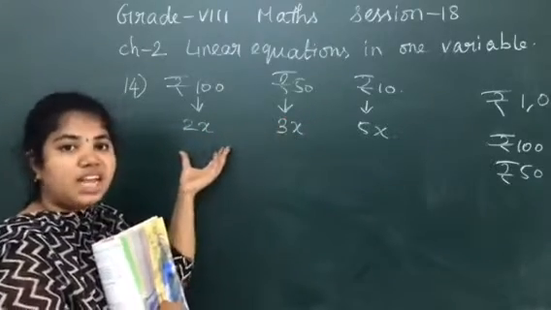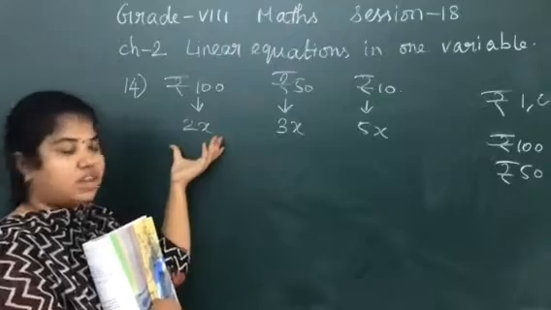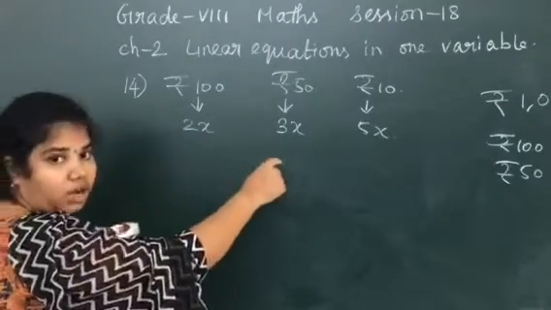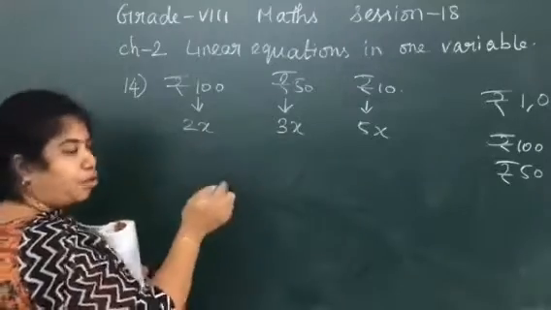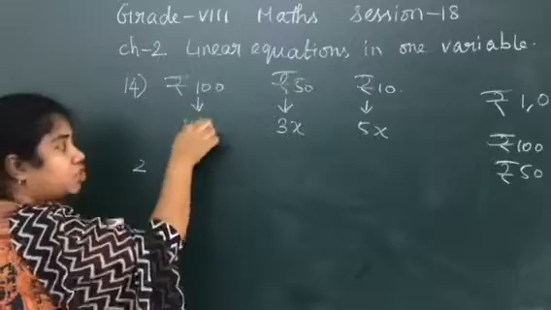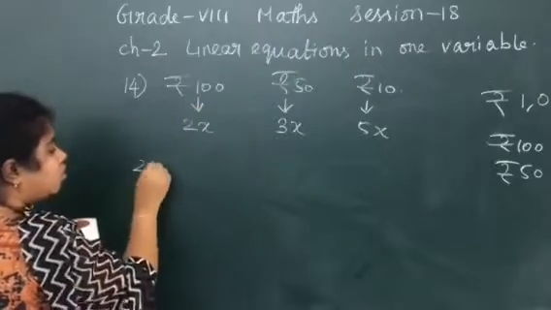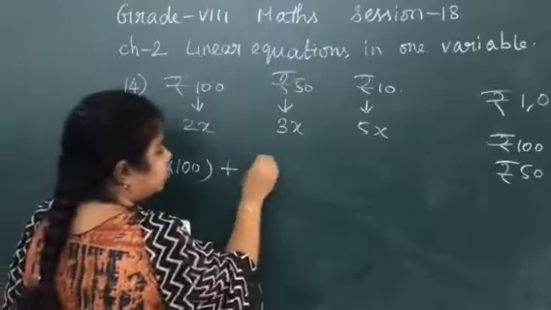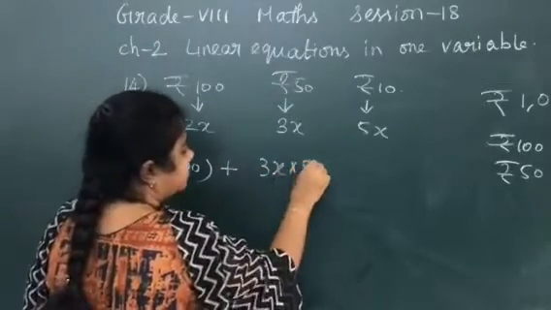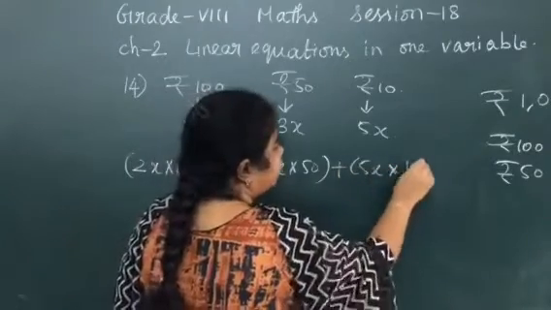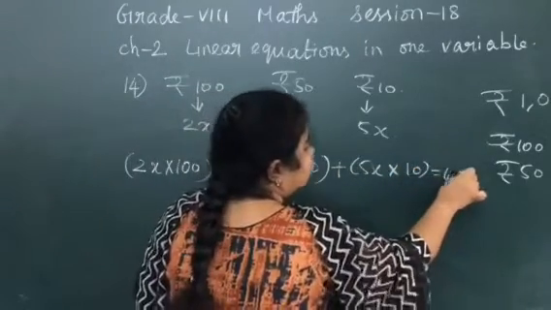So we are considering the numbers of notes as 2x, 3x and 5x. Now if you add everything, you are getting the total amount 4 lakhs. So 2x, what is the denomination here? 100. So 2x into 100 plus 3x into 50 plus 5x into 10 is equal to 4 lakhs.